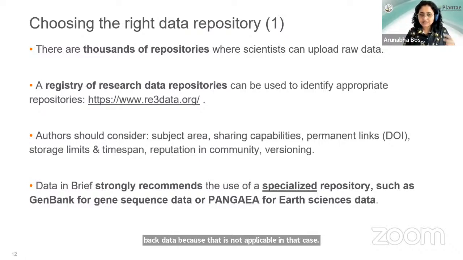You also need to consider sharing capabilities. So what this means is whether you have any access control, whether you are able to control who is able to view your data. And we do have this at Data in Brief also. If, for instance, you're sharing, say, census data from an endangered species, you don't want that to be immediately accessible to everyone.